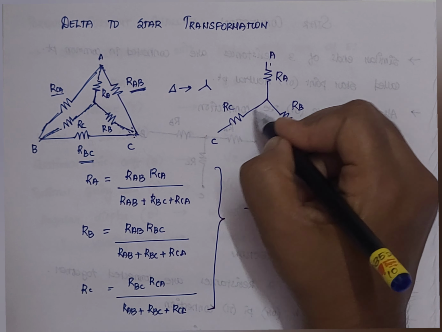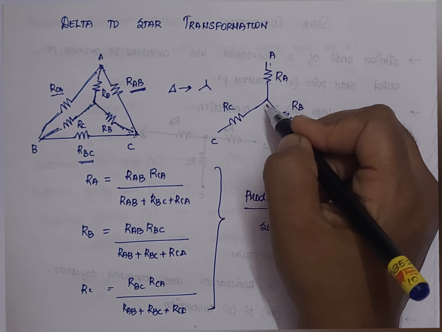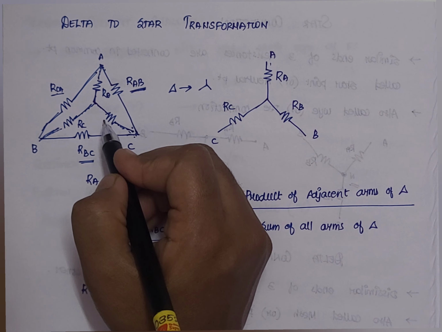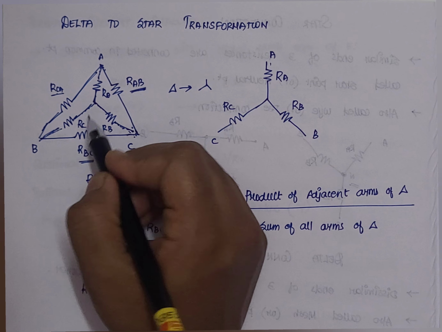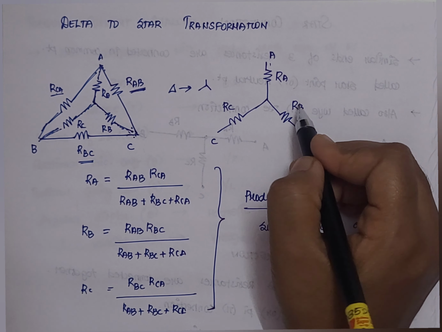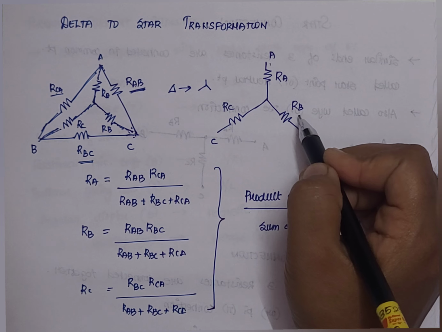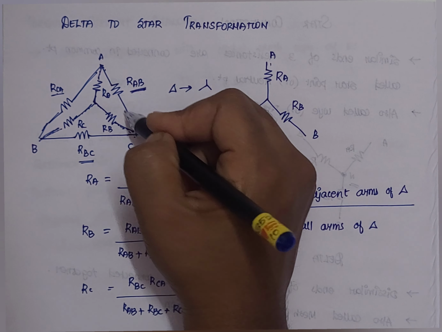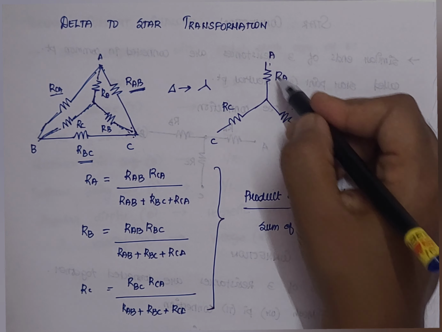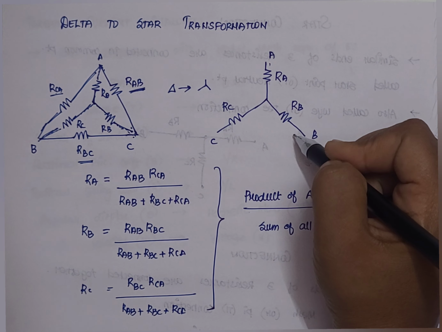So we have these arms lying in this way. This is the equivalent structure obtained for the given delta. Here we have RAB, but here we have RA and RB separately. Likewise, a single arm is expressed as a combination of two branches.